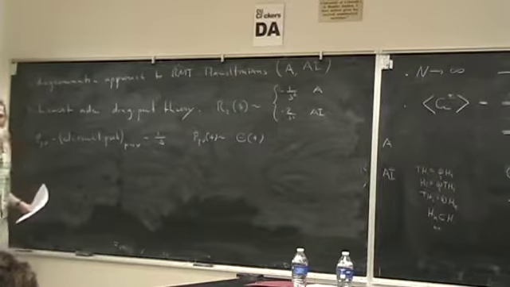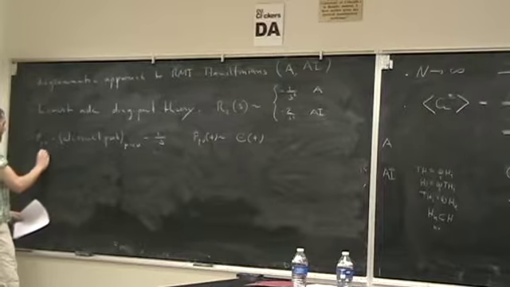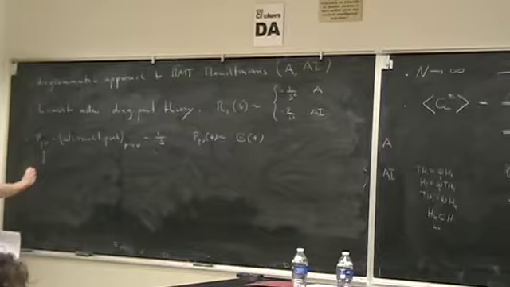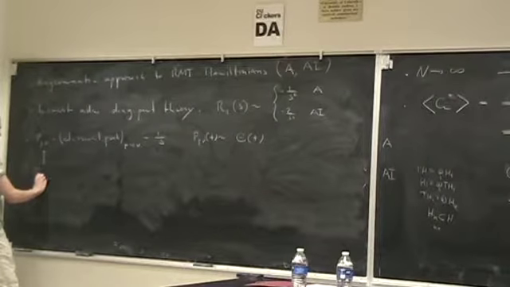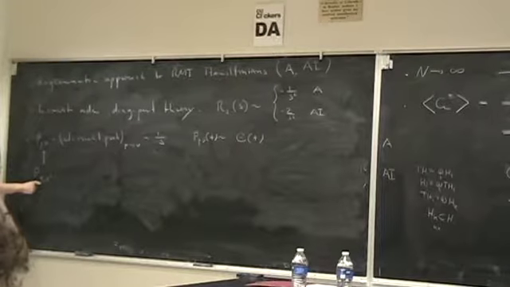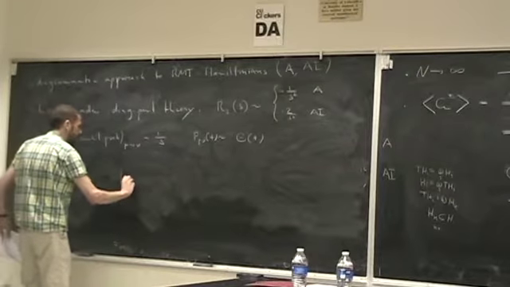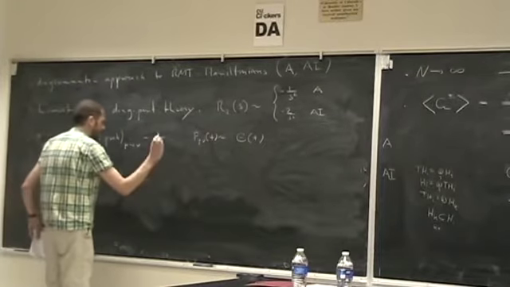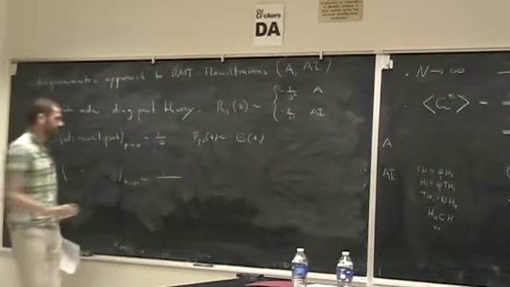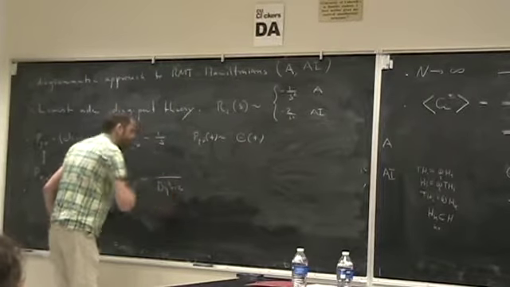Now, to give you an idea of where this would go if we would work with an actual disordered metal, to draw some analogies, P would then be replaced by the classical probability to go between two different points in space in your disordered metal. So it would now be the classical probability to go from x to x prime, and in a diffusive environment, the Fourier transform of that would be the diffusion pole.